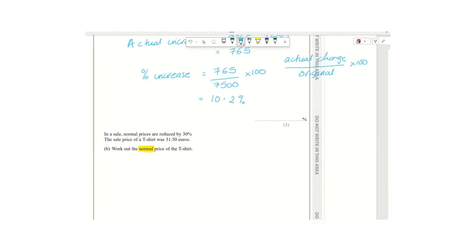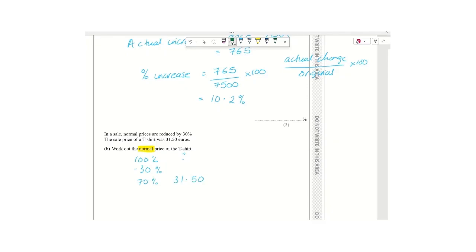So our 100% price, we don't know. But we know that when we take 30% off, the new price, which is going to be 70%, is 31.50 euros.